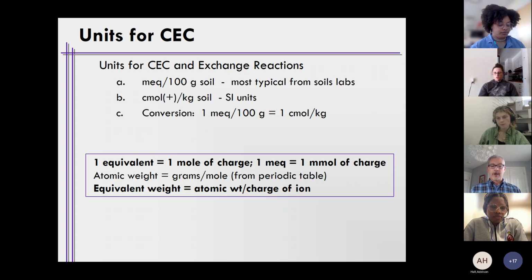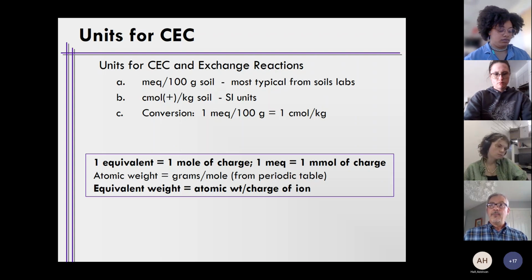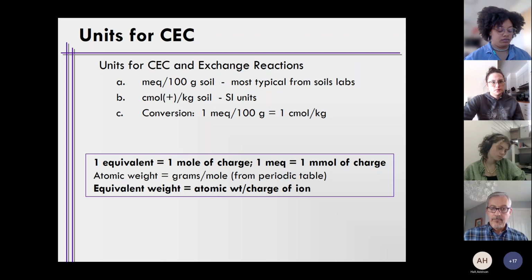And those 100 negative charges could be satisfied by 33 1/3 aluminum ions, right? That's because each one of those ions is either +1, +2, or +3. So when we express cation exchange capacity on a charge basis, we don't express it on the number of cations it can hold, because the number of cations that a soil can hold depends on the charge of the cation. So we express cation exchange capacity on a charge basis, and that charge is milliequivalents per 100 grams, because that tells us basically how many negative charges are present in a soil.